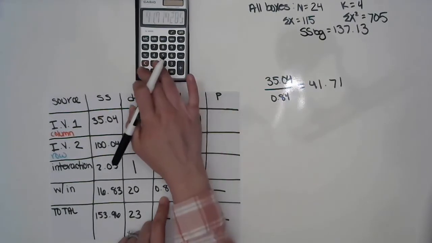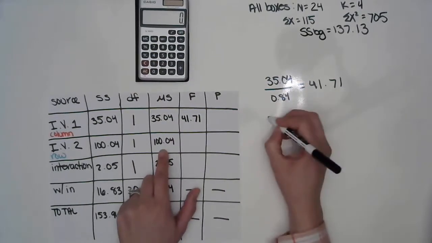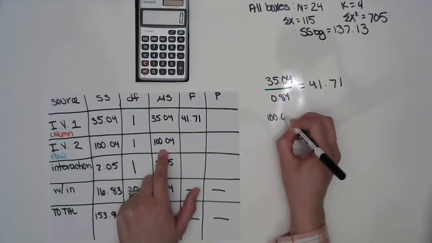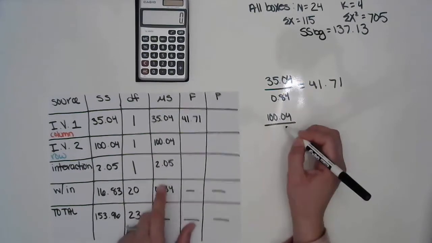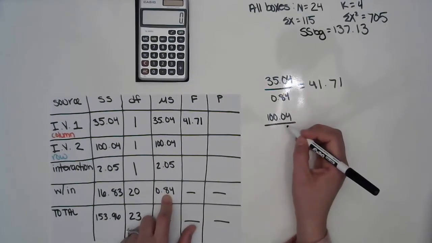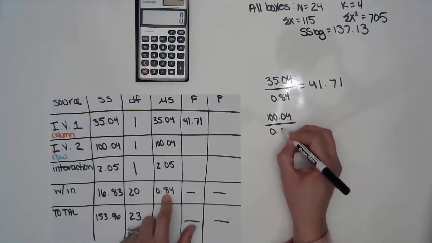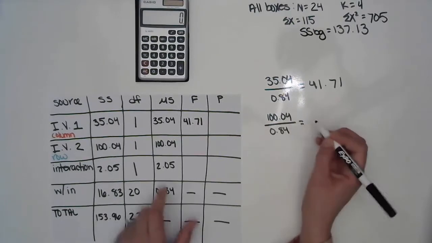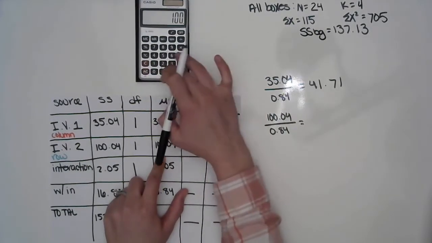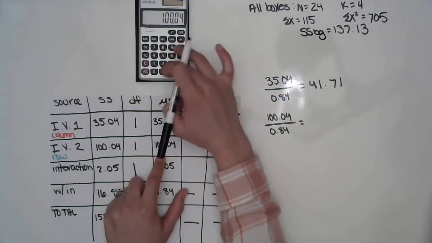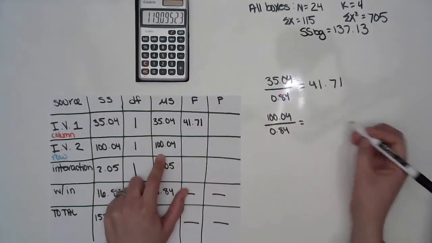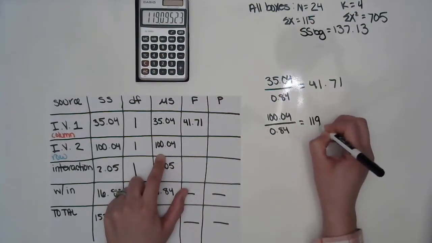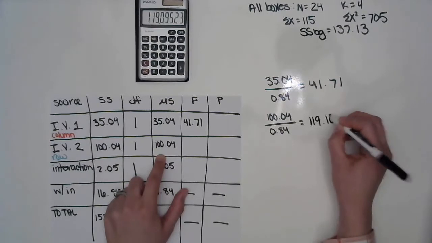So the F value for that will be 41.71. And then for the second one, we are going to take 100.04 and divide that by the MSW of 0.84. So 100.04 divided by 0.84 is going to give us 119.10.